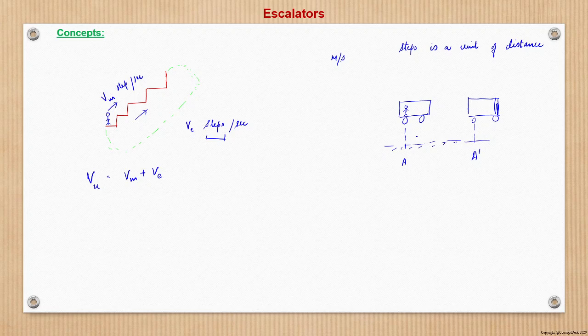Say this happens in time t. During time t, the man also moves in this bus from this tire and reaches the front wheel here.